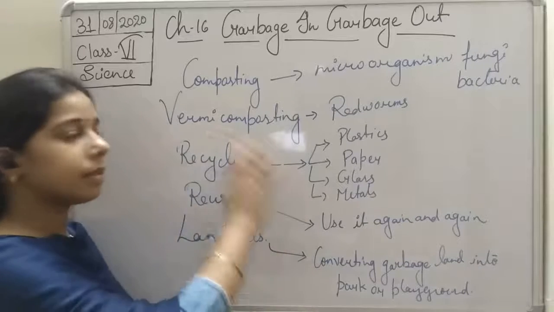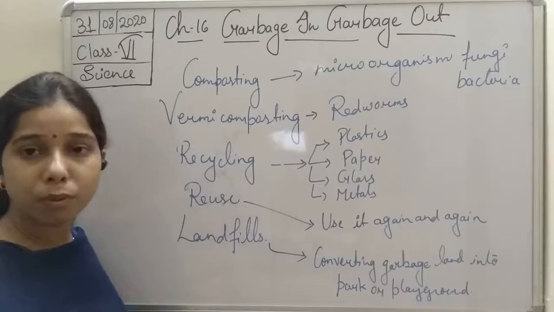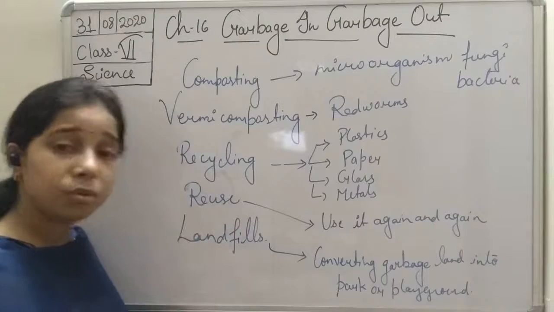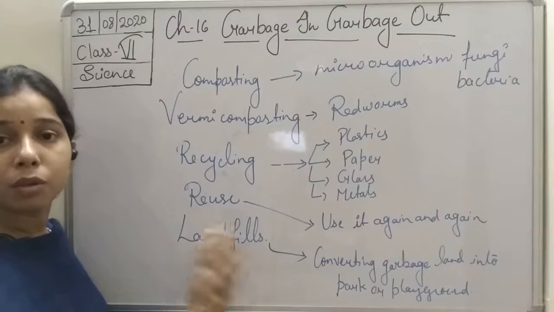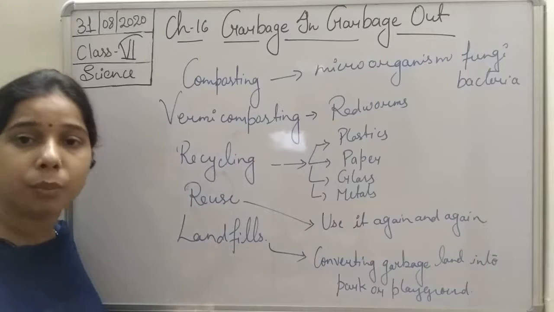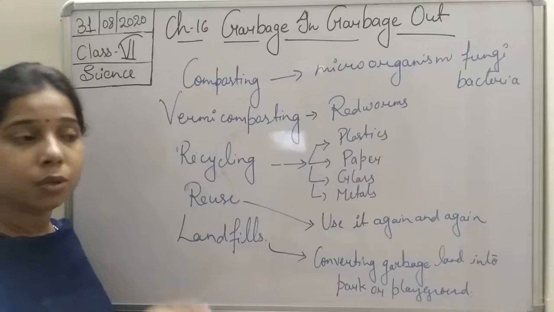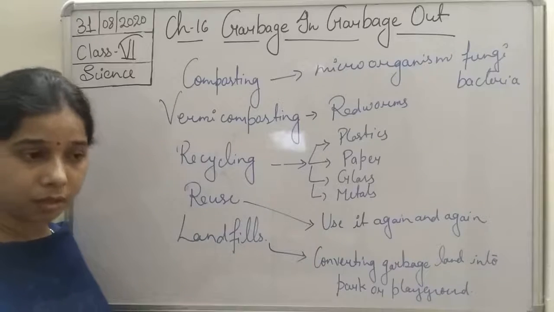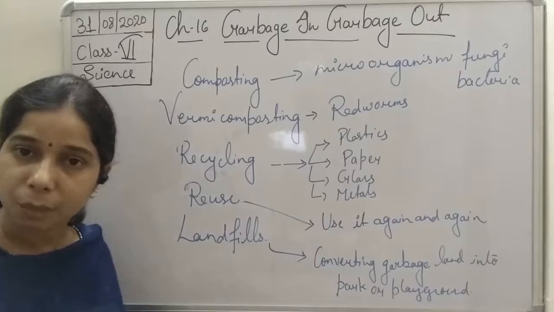Now, if the garbage is of such a kind that it cannot be recycled, cannot be composted, cannot be reused, then we use the method of landfill, where we throw all such garbage, and when the land is filled with garbage, we keep on adding soil to make the surface smooth and even, and finally we convert it into a playground.